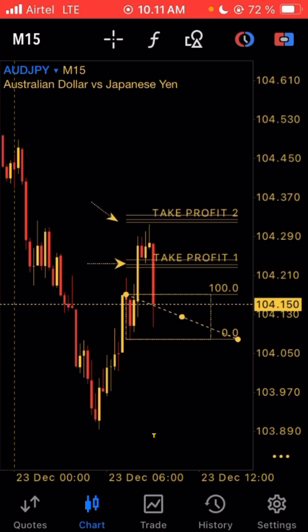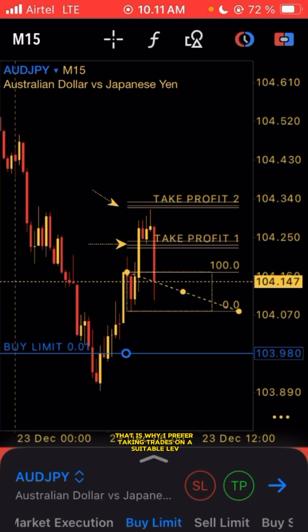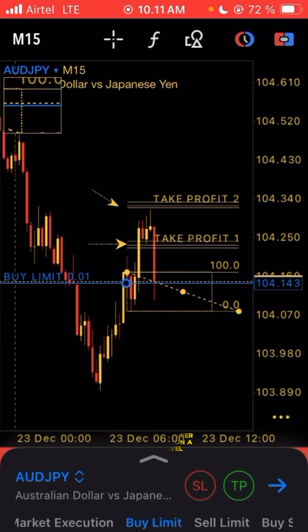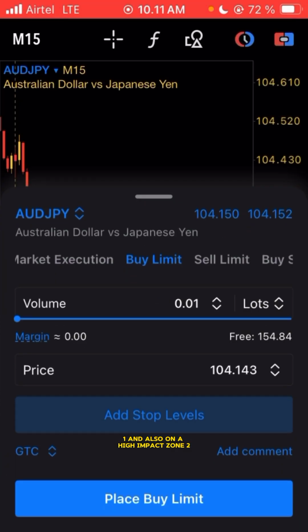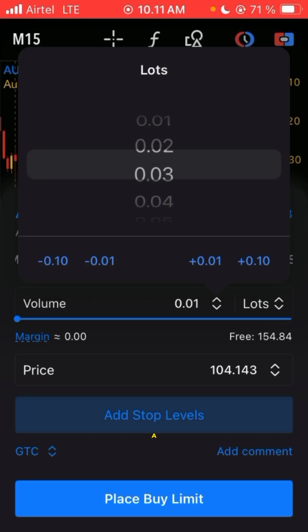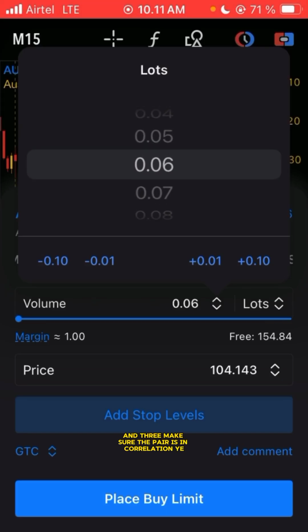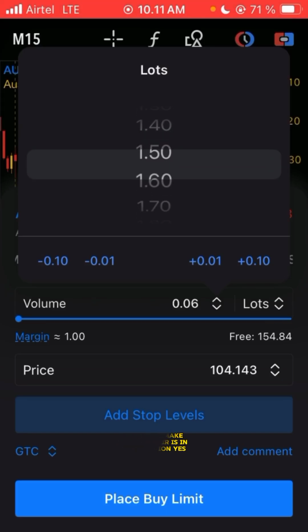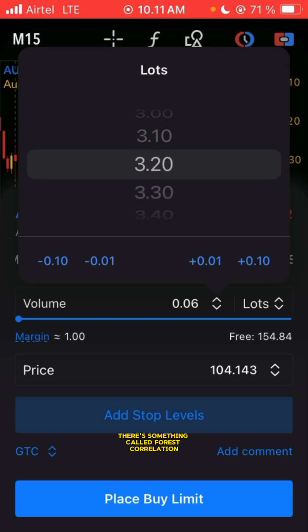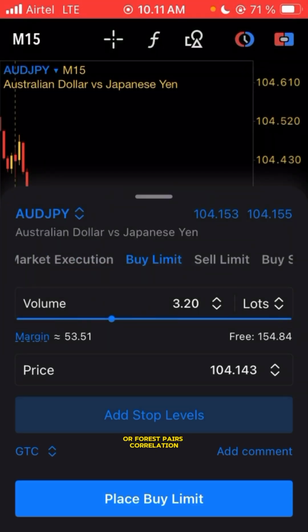So that is why I prefer taking trades on a suitable level, 1, and also on a high impact zone, 2, and 3, make sure the pair is in correlation. Yes, there's something called forex correlation or forex pairs correlation.